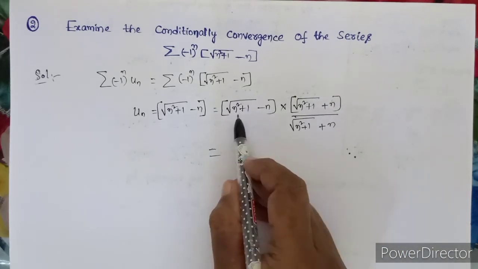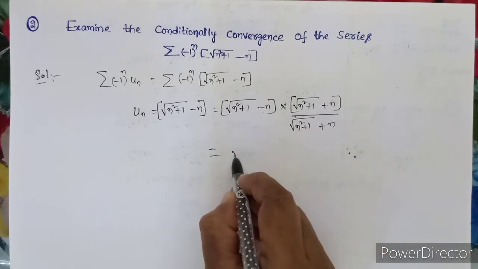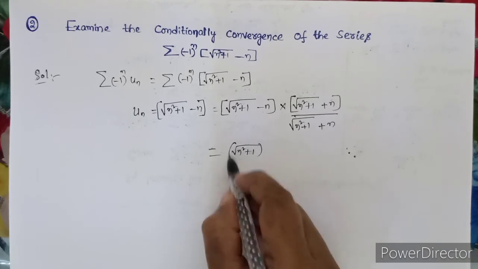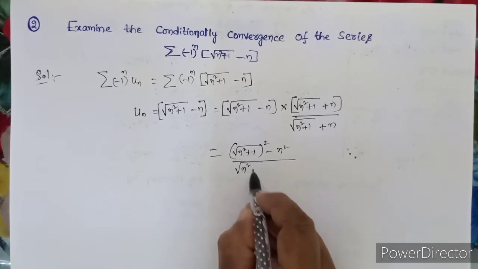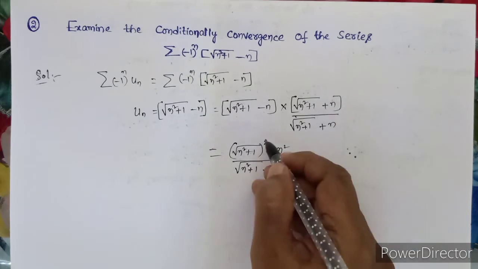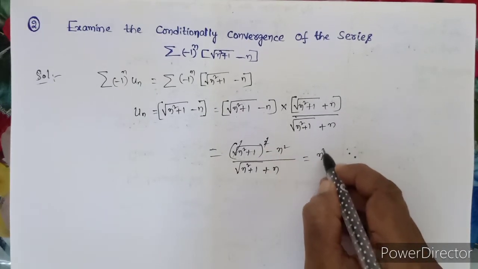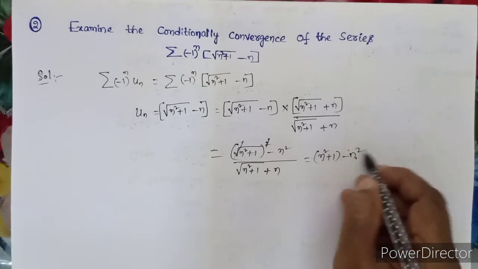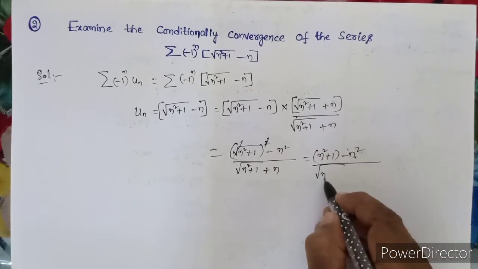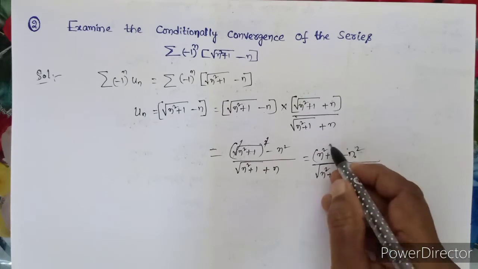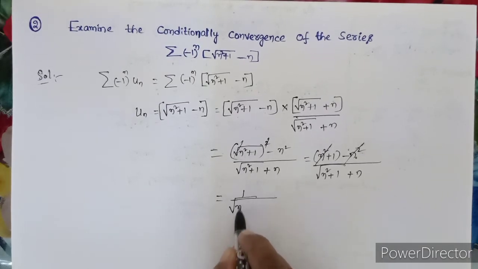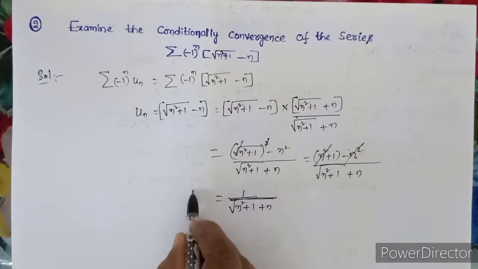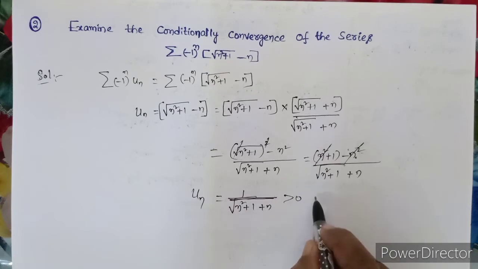This is (a minus b)(a plus b) equal to a square minus b square, so we get n square plus 1 minus n square by root of n square plus 1 plus n. The square and root cancel, n square cancels, and this is equal to 1 by root of n square plus 1 plus n. This is u_n. Obviously this is positive for all n.